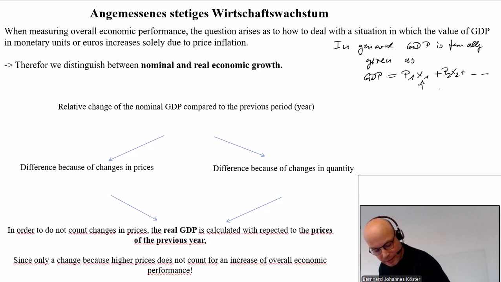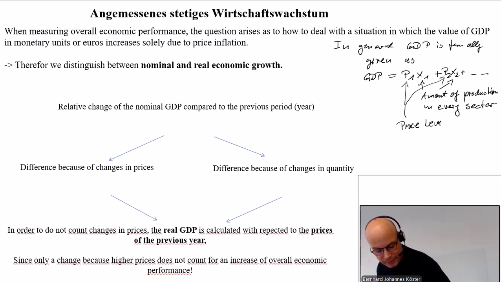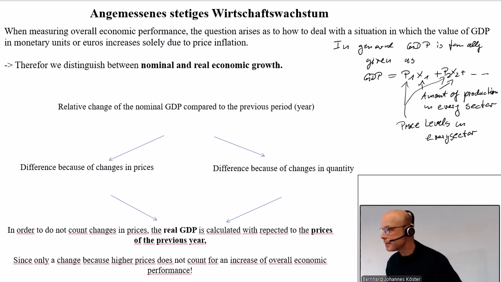So this would be the amount of production in every sector, and these are the price levels in every sector.